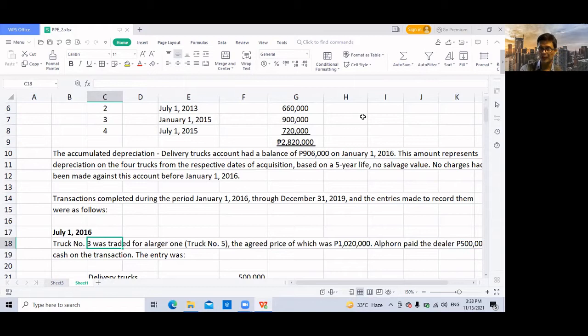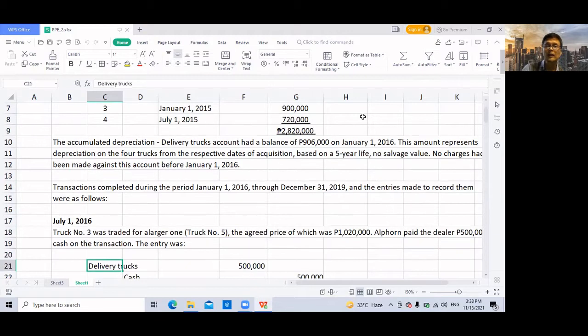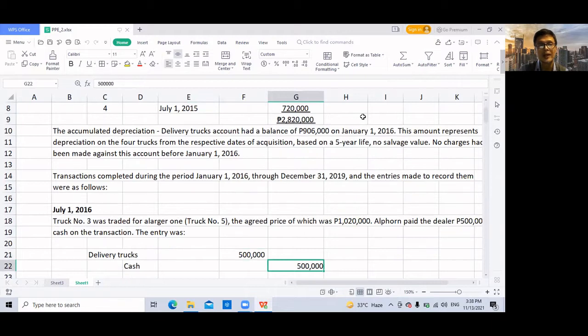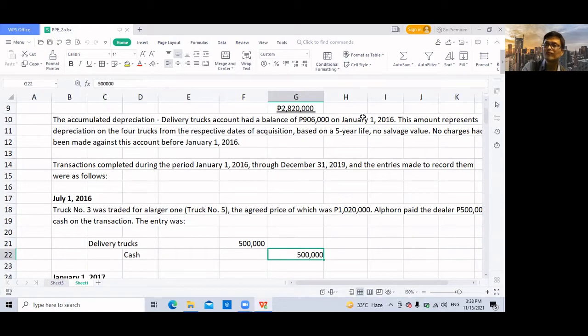So ito yung journal entry nung accountant ni Alfred: nag-debit siya ng delivery trucks for 500,000 and cash for 500,000. Pero hindi ni-reflect dito yung trade-in value nung truck.